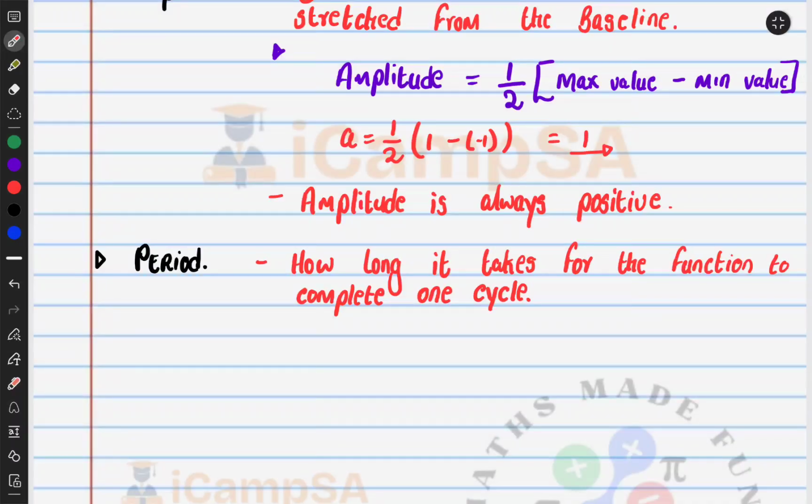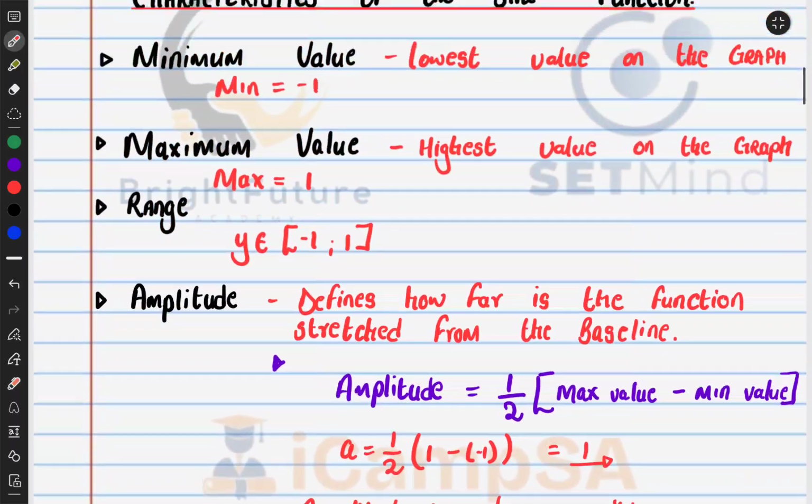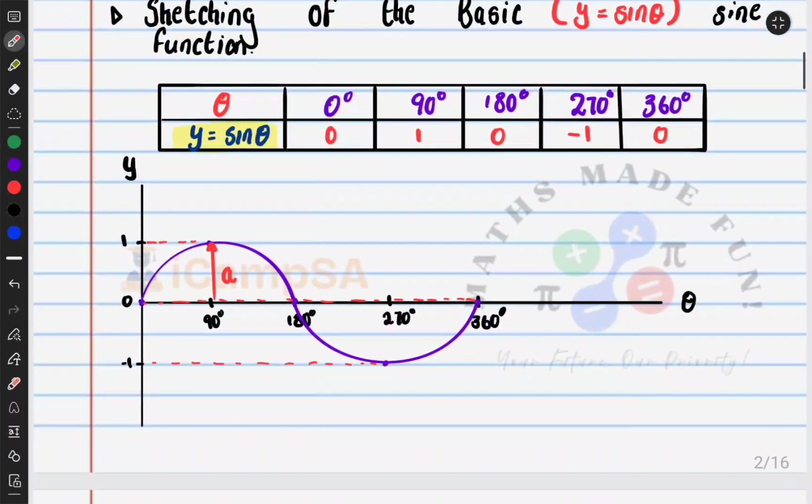The period is given in degrees. For this function, as I've already told you, as we go from 0 up to 360 degrees, the function will go above, then go below, and ultimately come back to 0. Once you are here, the function has gone 360 degrees. That's a full revolution, just one complete period.